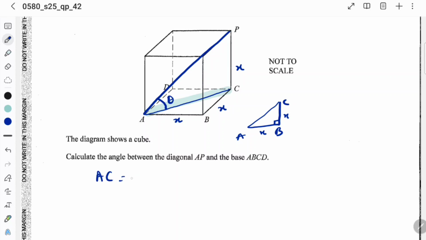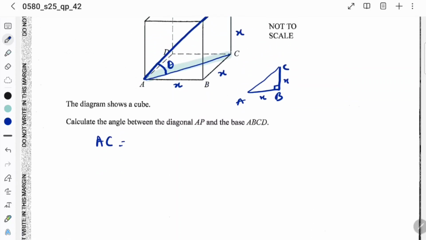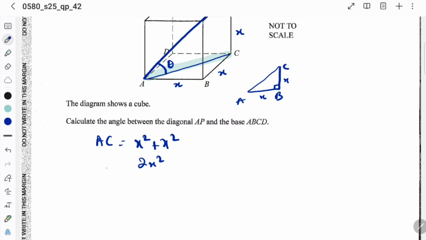Your AC is equal to, marks are 4. Okay, x square plus x square, 2x square. AC is equal to square root of 2x square, which is equal to, no plus minus because it's a measurement of lengths. So x comes out and x square root 2.